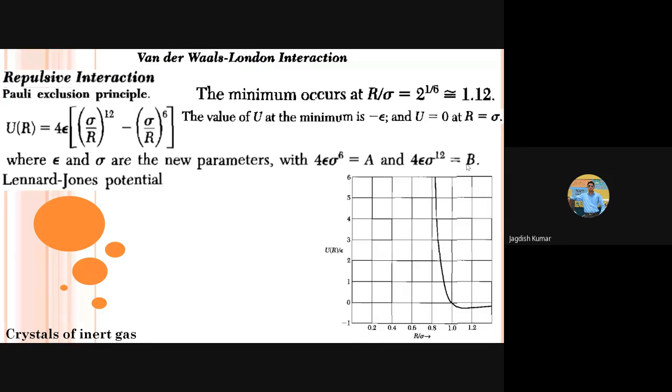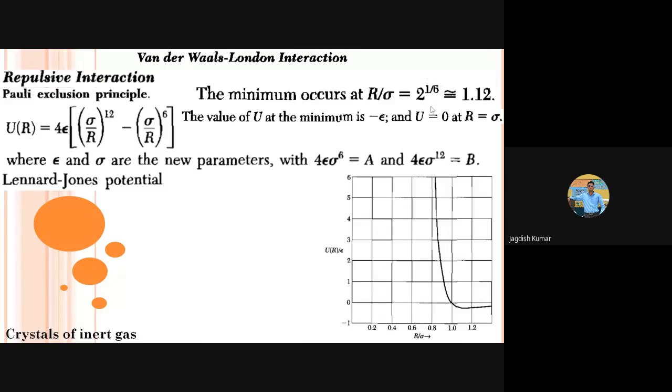Okay, fine, no problem. So the value of u, you will notice from this expression, when you put r over sigma equal to 2 raised to the power 1/6, what should be the value of u at that minimum point? What will be the minimum energy? That is going to be minus epsilon. You can try that; it's a fairly simple thing.